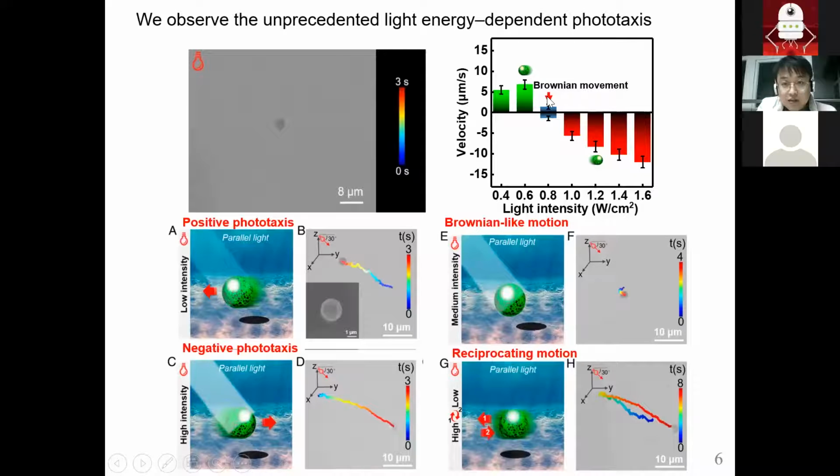Note that the micromotor shows self-propulsion even under very weak irradiation power. Negative phototaxis appears when the micromotor senses irradiation stronger than 0.8, and its speed increases with the irradiation intensity.